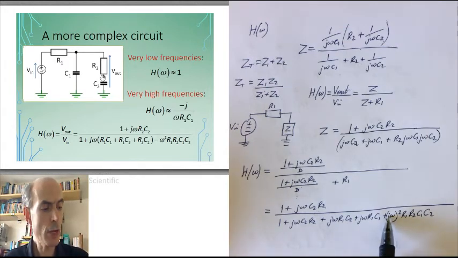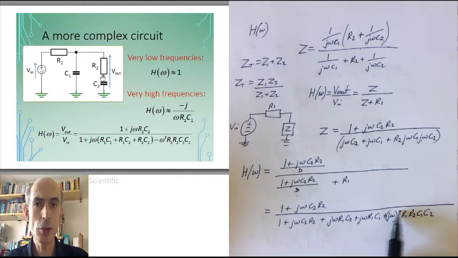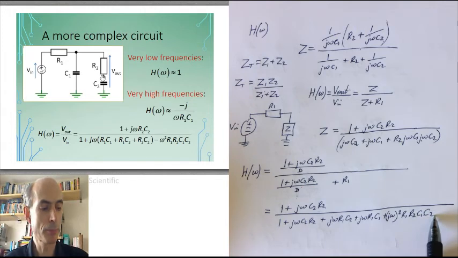Now, j omega squared is j squared times omega squared. Well, j squared is minus 1. So this term here just becomes minus omega squared R1 R2 C1 C2.